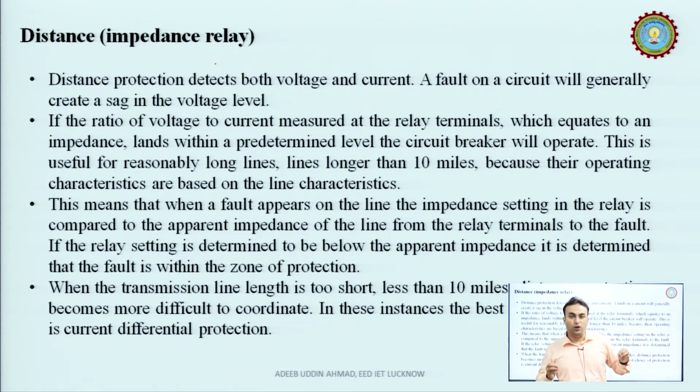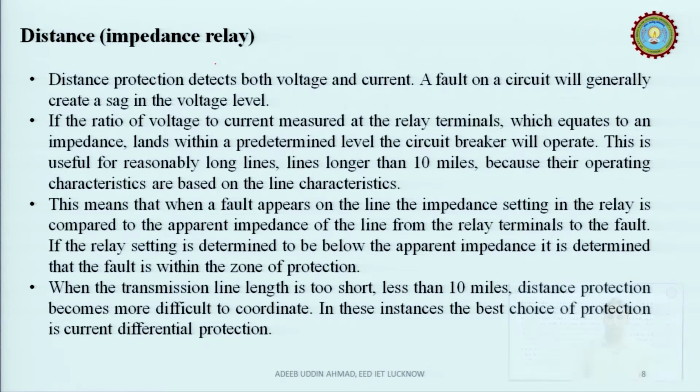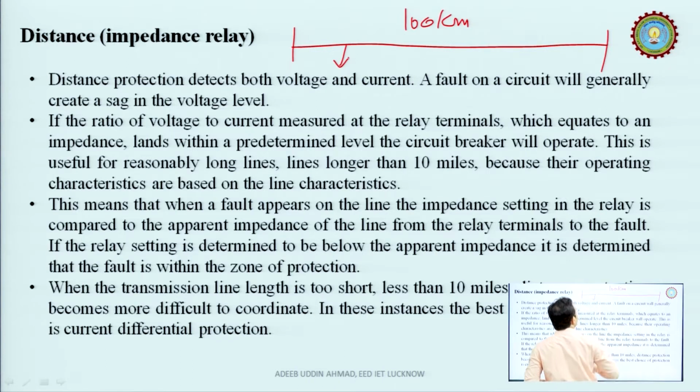Suppose there will be a fault in the power system. How can we detect the fault at that location? Suppose we have a transmission line of 100 kilometers and a fault occurs at some point. How can we understand where the fault occurred?